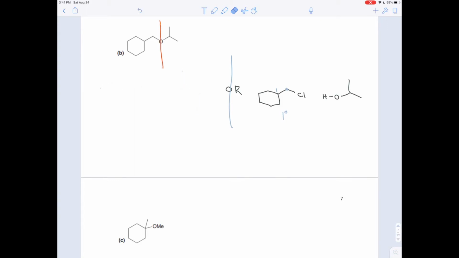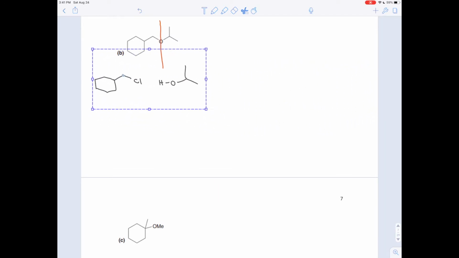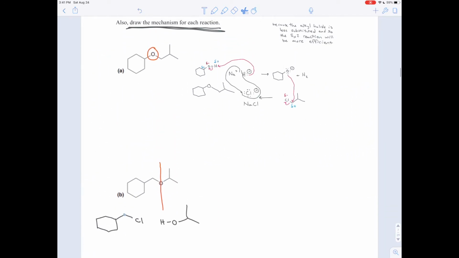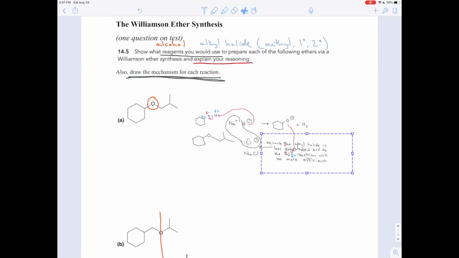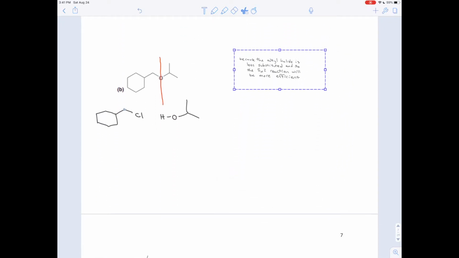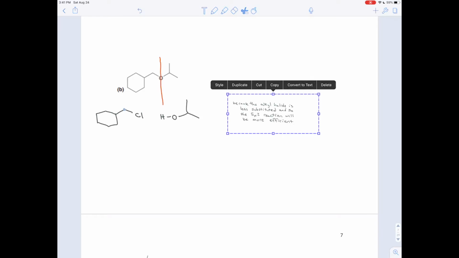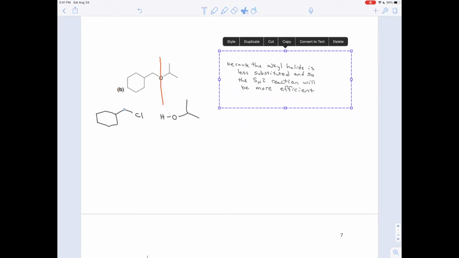So we'll erase this part on the left. This is what we're going to use, and the reason why, which they also ask for in the problem, they ask you to explain your reasoning. The reason why we're choosing these reagents is because the alkyl halide is less substituted in these two reactants, and so the SN2 reaction will be more efficient.